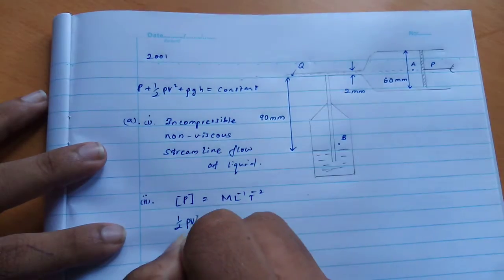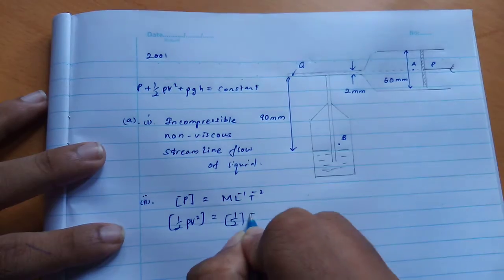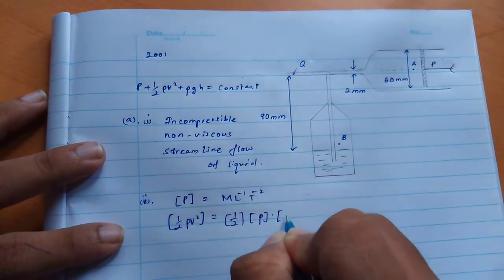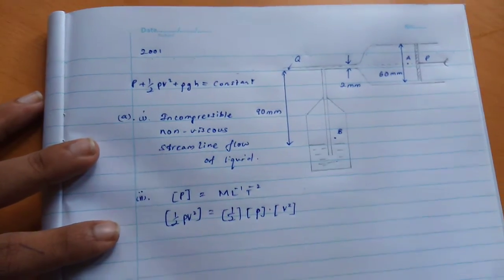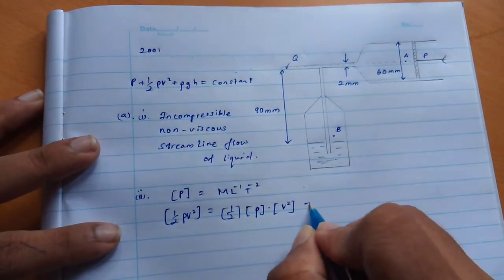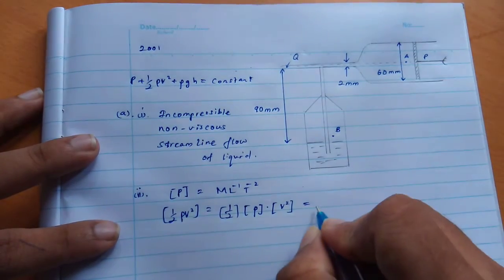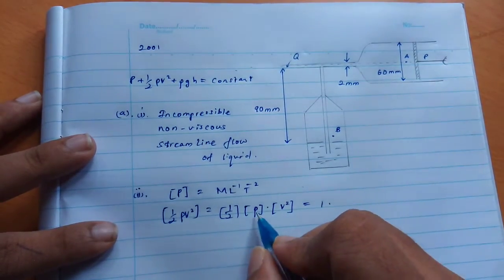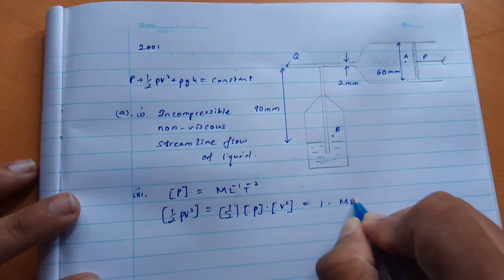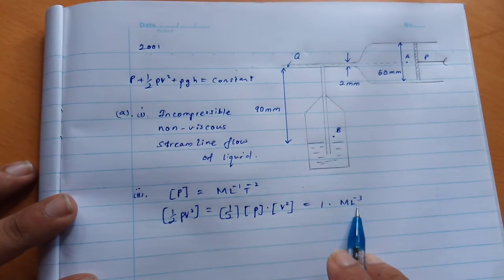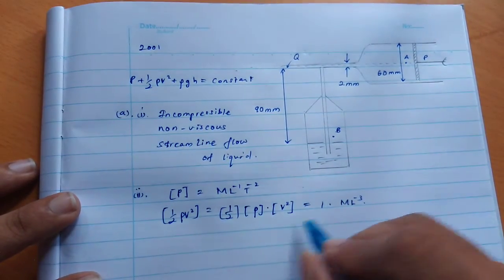which is half rho V squared. So that is the dimension of half times the dimension of rho times the dimension of V squared. The dimension of half, it's dimensionless, it's just a number, so it is 1, into the dimension of rho, density. The density has the dimension of M L minus 3, mass over volume, into velocity squared.